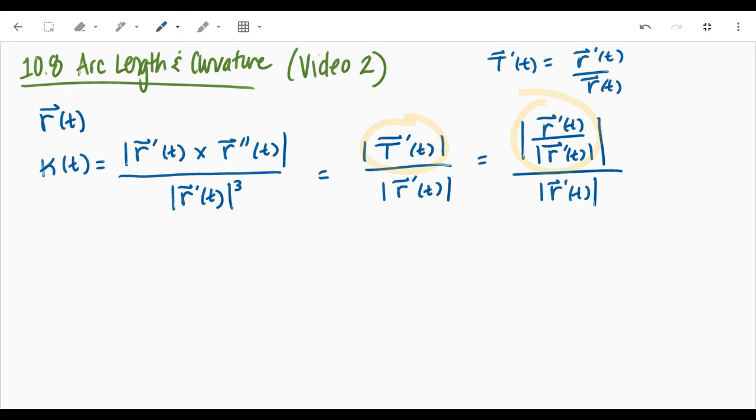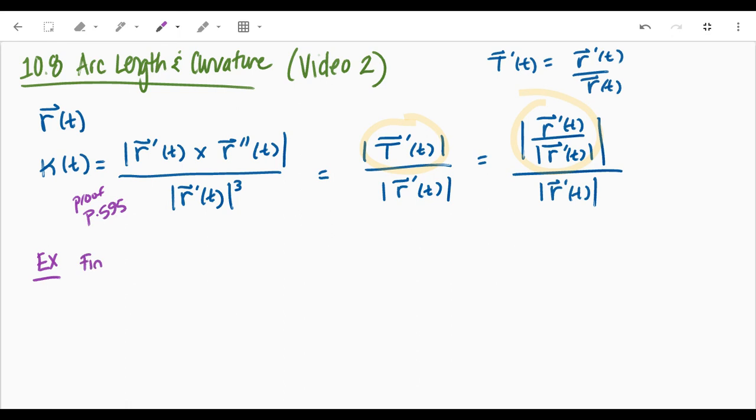We'll do, let's see, an example here. Oh, and there's a proof for this if you want. The proof is on page 595. Okay, but here's an example.